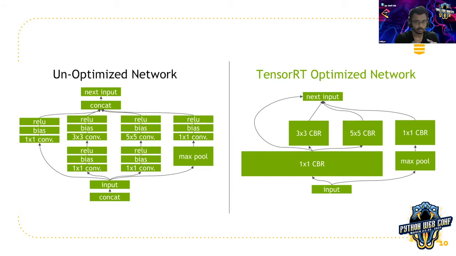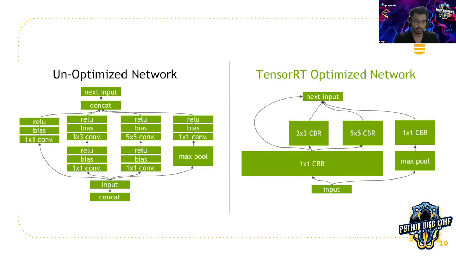TensorRT does it all in a single layer, and this layer is typically called a CBR. The simple analogy is that instead of making three separate trips to the supermarket to buy three different items, you just make a single trip and buy all three together. And TensorRT does the same thing here.